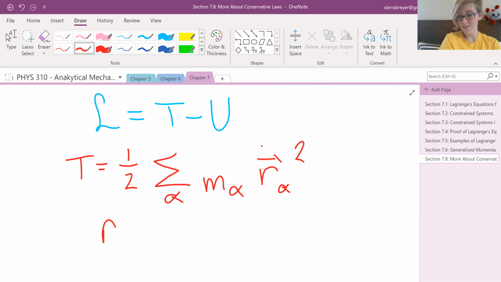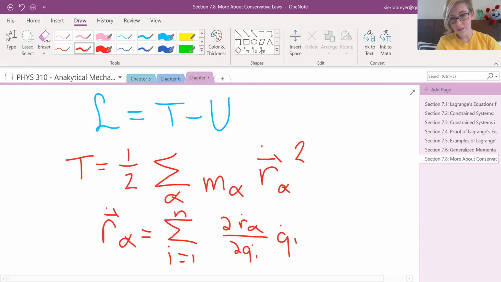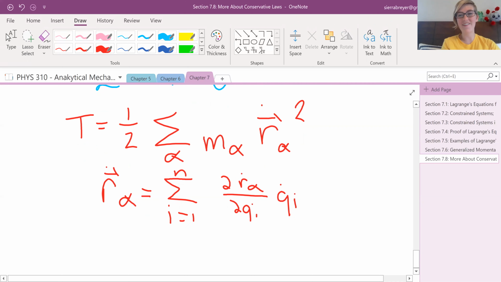And I know that the velocities of these are going to be the sum, you ready, of their velocities over some coordinate system, which is really just saying my velocity is going to be how my coordinates move with time.